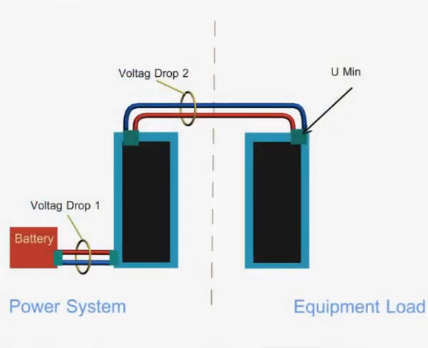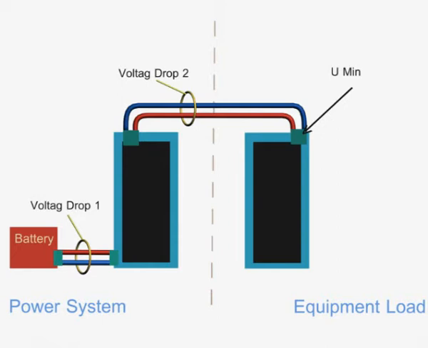In the power distribution cables, from the battery to the load, there's always some voltage drop. This voltage drop is proportionately related to the resistance of the cable. So, if the cable is longer, the cable resistance would be higher, and consequently the voltage drop would be higher.